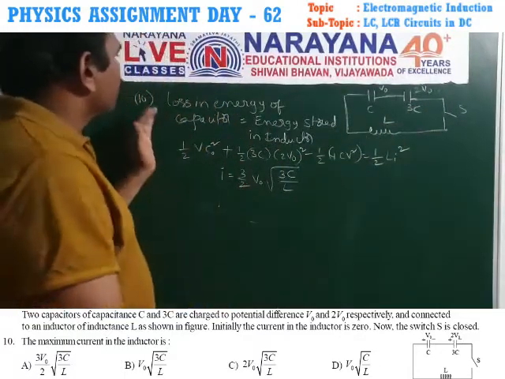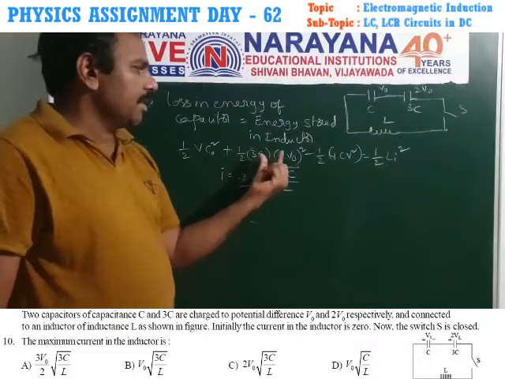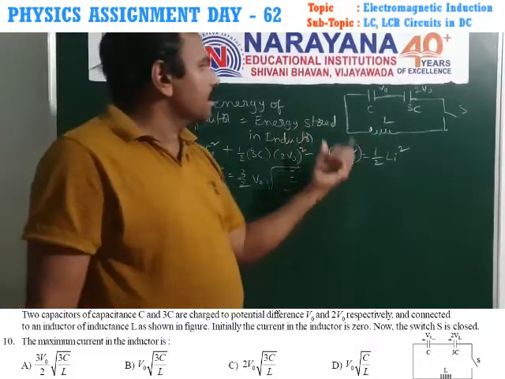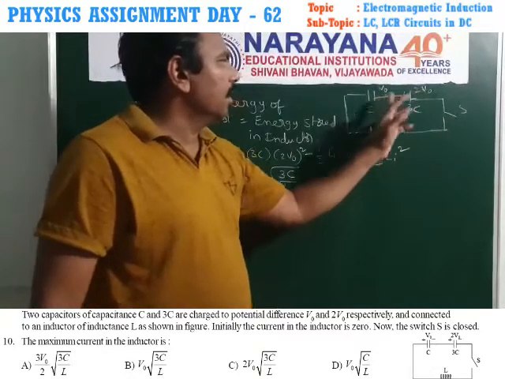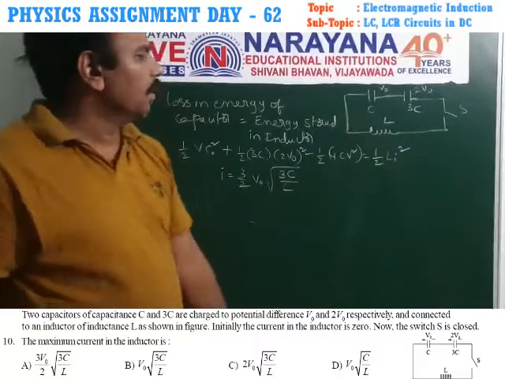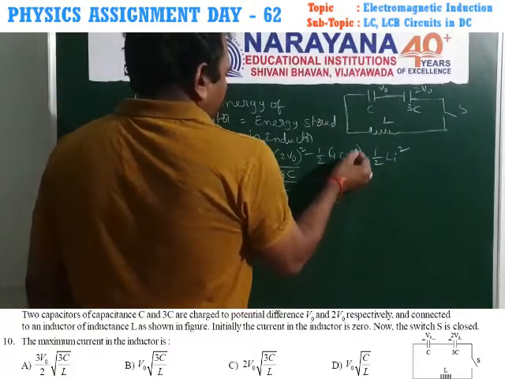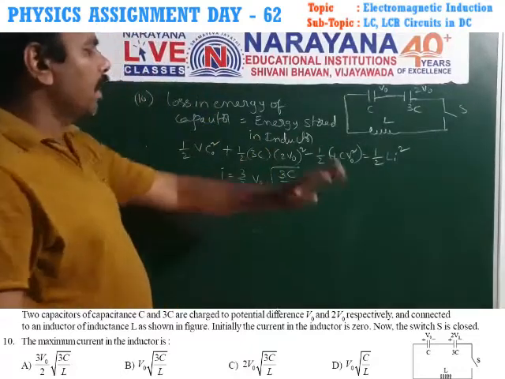So the loss in energy of the capacitors is half C V0 square plus the other, minus, after connecting these two capacitors in series combination, 4C into V0 square, which is equal to half Li square.